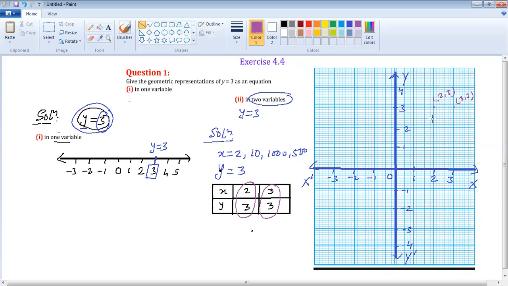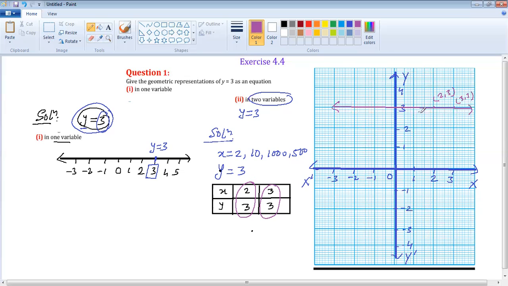Now you have to use your scale and draw the line that passes through these 2 points that we have located on the graph. So we are getting here a line that is perpendicular to the y-axis and parallel to the x-axis.